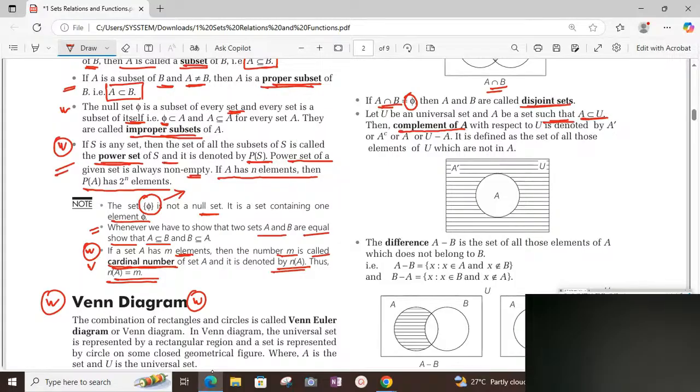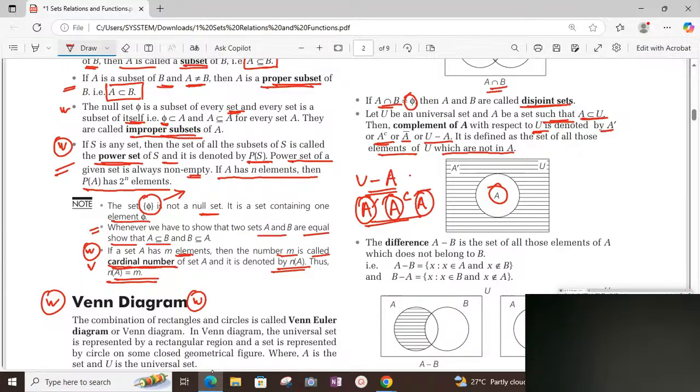Then the complement of A with respect to U is denoted by A dash, A C, or U minus A. It is the set of all those elements of U which are not in A. And we find U minus A is the complement of A. These are the notations which are used to denote the complement of set A.